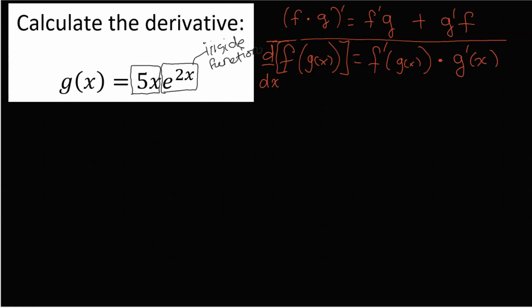So the derivative of the outside function multiplied by the derivative of the inside function. So this right here is looking like you have to apply the product rule and the chain rule.